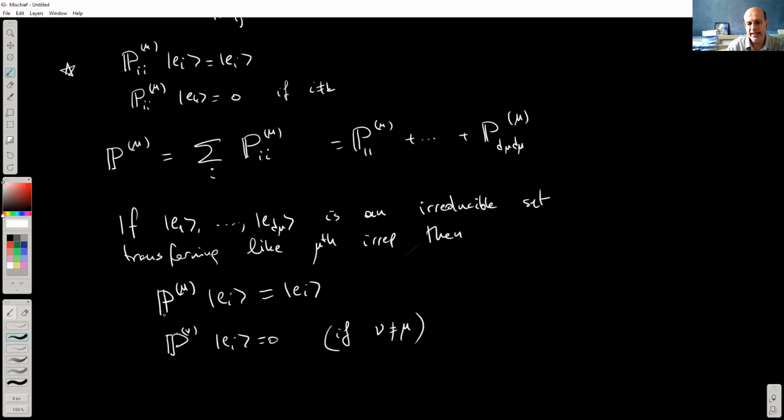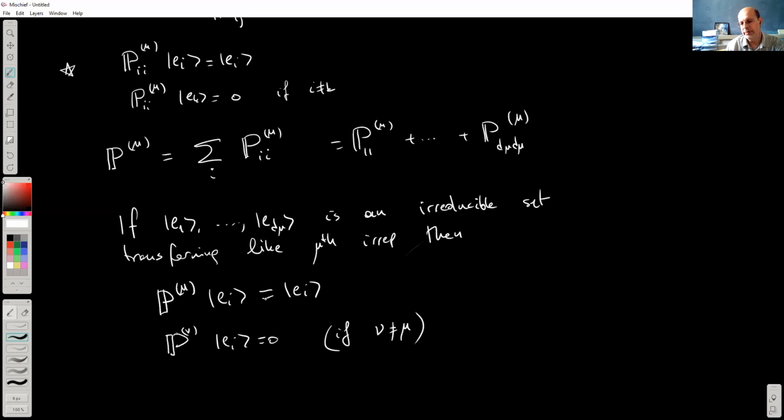In any case, this is going to be important for us. So I'm going to look at the properties of these P_mu operators. What's important is that for any irreducible set that belongs to the mu-th irreducible representation, all of the vectors in that irreducible set are invariant under P_mu, which means that any linear combinations of them are invariant.